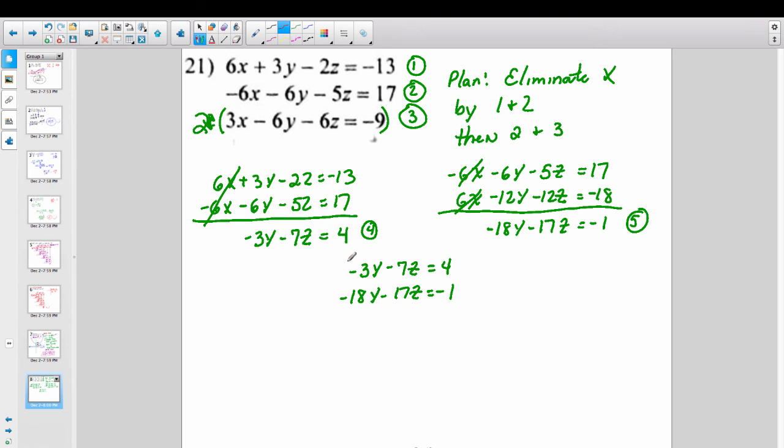Let's get rid of the y's. And to do so, why don't we multiply the top equation by negative 6. This way, the top has positive 18, the bottom has negative 18, and when we add them together, we'll have nothing but z's left over. So this is awesome. Okay, let's do it.